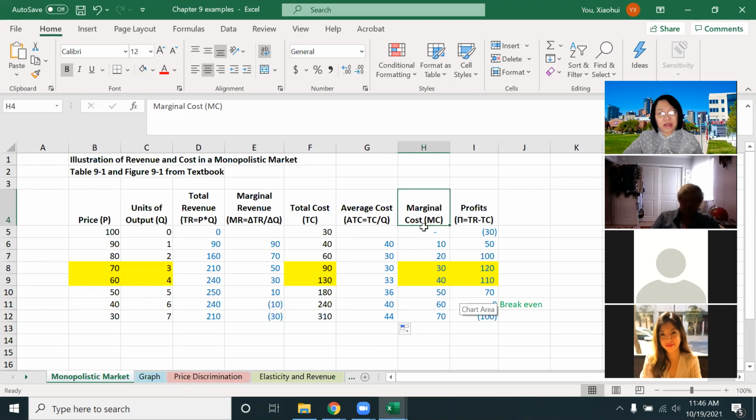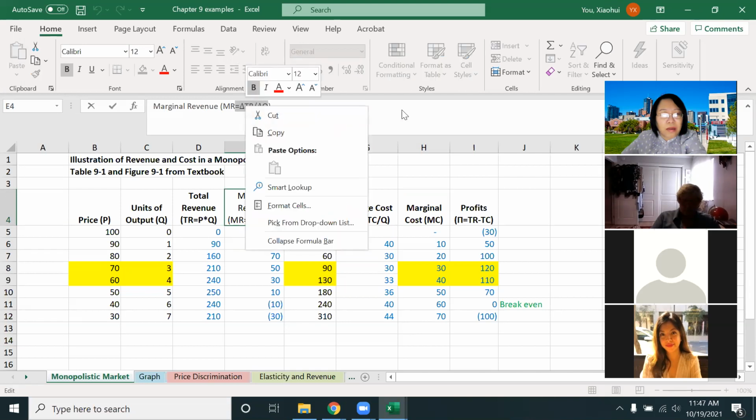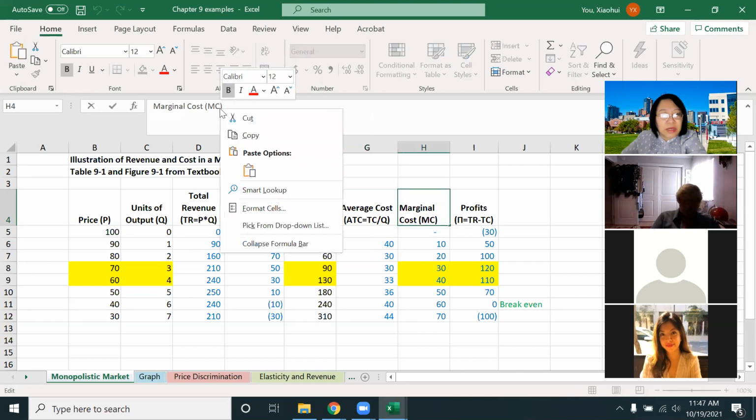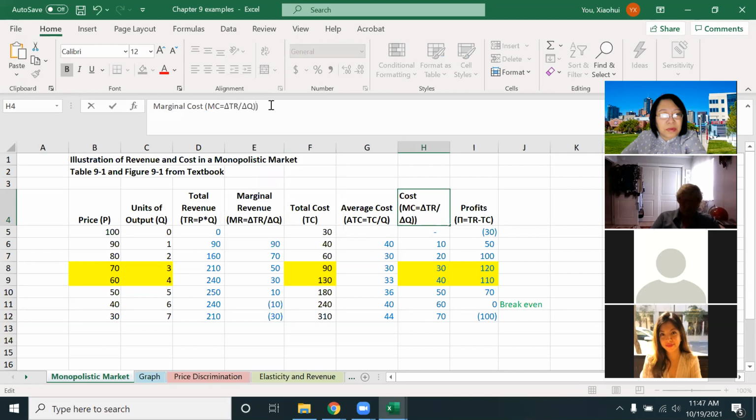Can you guys tell me, since we know marginal revenue will be this, what marginal cost will be? Let's copy this. Marginal cost will be equal to, so this is not correct, right?